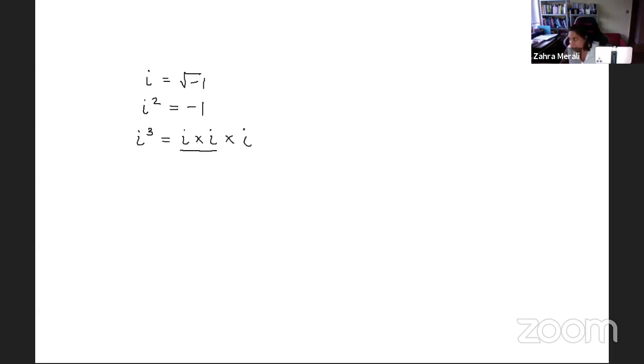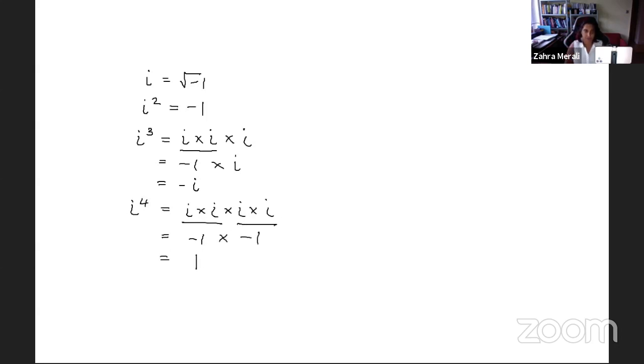These two bits together is -1. This bit is i, so it's the same as -i. Now, if I had i to the 4, that's the same as i times i times i times i. These two together give me -1. These two together give me -1, and I'm going to get +1.